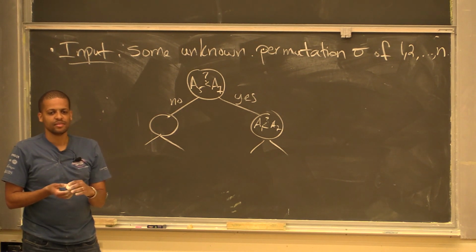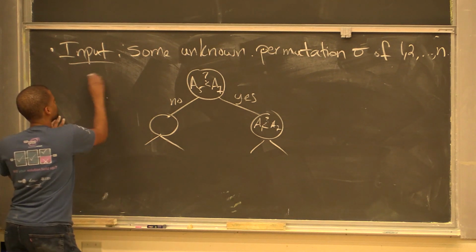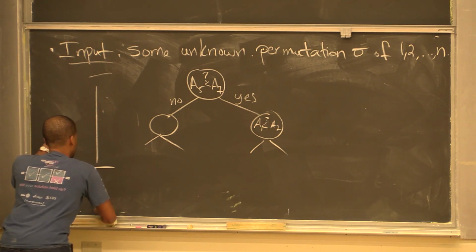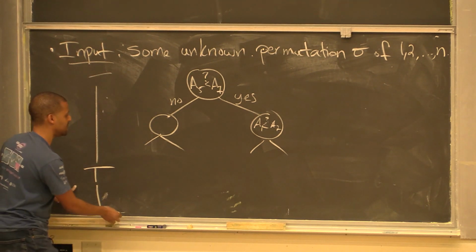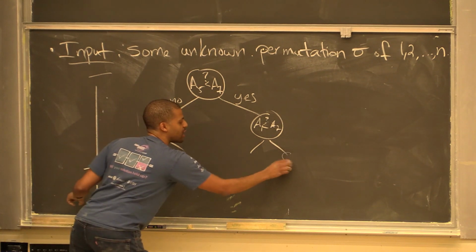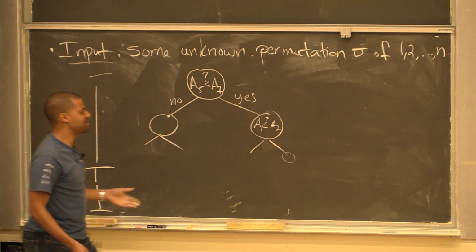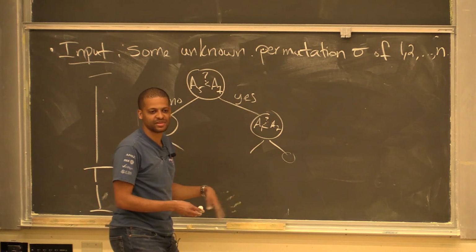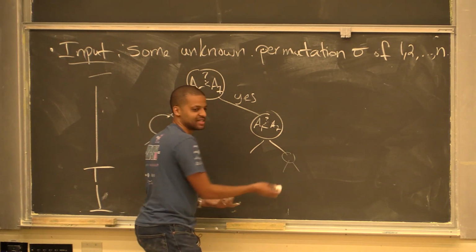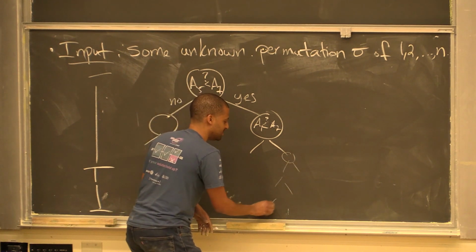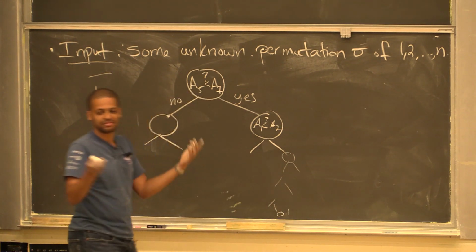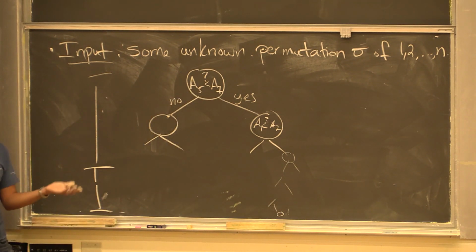Namely, no matter what the input is, it always takes the same number of comparisons to get to the answer. Why? Let's say the maximum depth in this tree is t, where t is the time to get down to a leaf. If any leaf is higher than t, I'll modify the algorithm to keep asking dummy questions until it's at depth t, even though it already knows the answer.